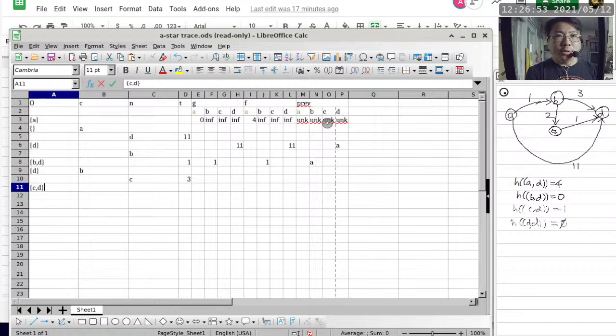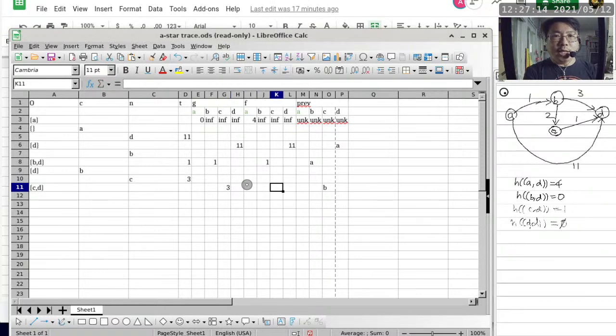And then we have to update the previous so that we can remember to get to vertex C, we come from vertex B. So that would be here. And then we have to update G. G is easy to update because we just copy and paste the value of T, which is 3 in this case.